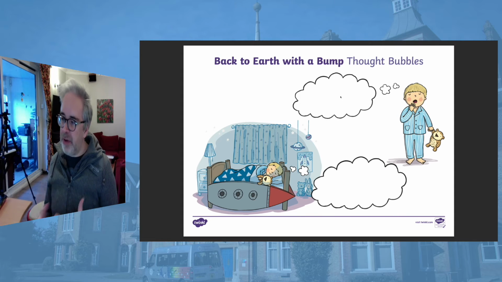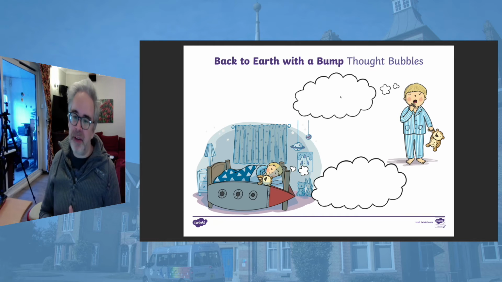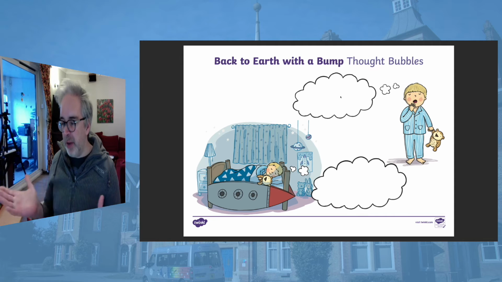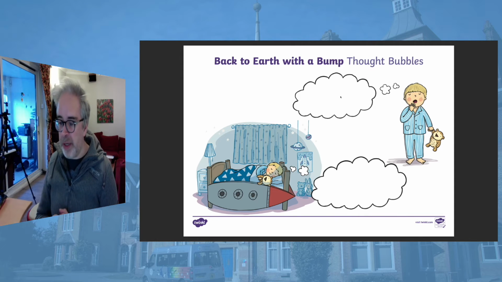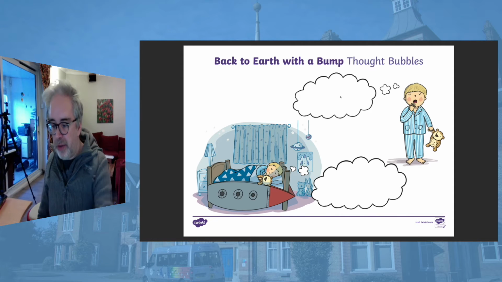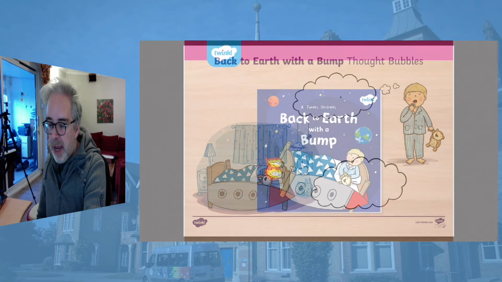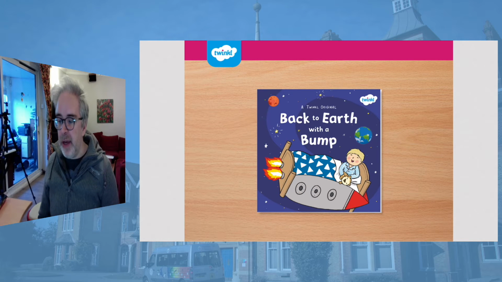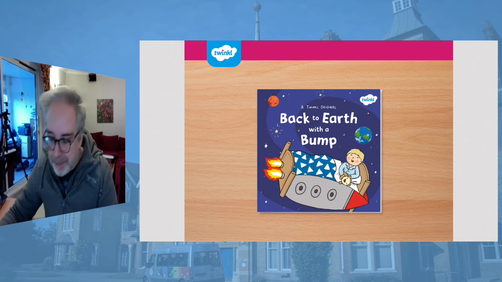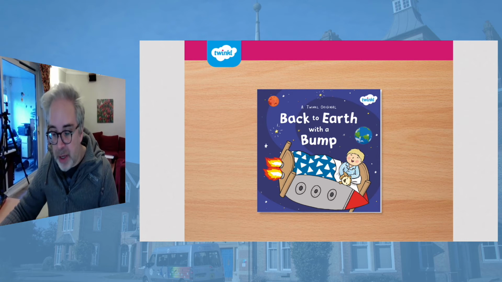You're thinking to yourself, what might this character actually be thinking about or feeling at this moment in time? So I'm going to read the story to you again, and you can have a think about that as we're going through.